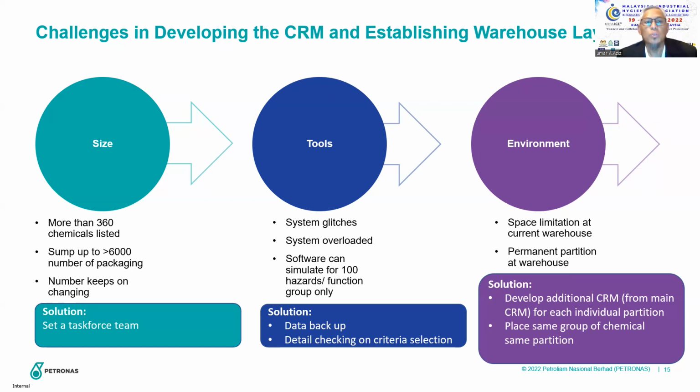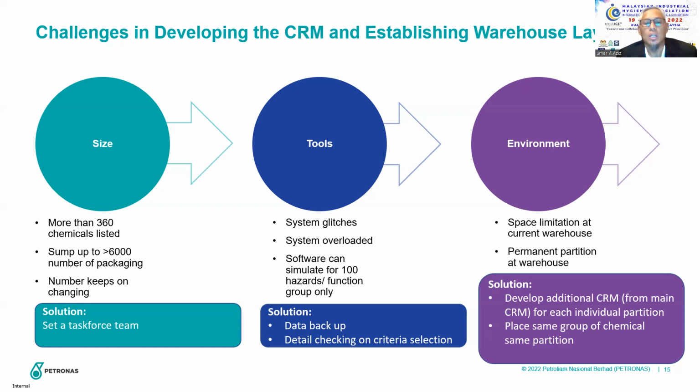In terms of tools, we have experienced frequent system glitches because we are dealing with big data. The computer always crashes with high RAM usage, and the software itself can simulate up to only 100 hazard or function groups.